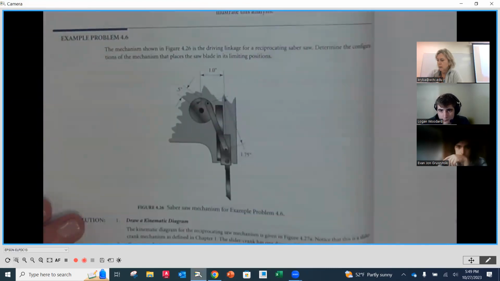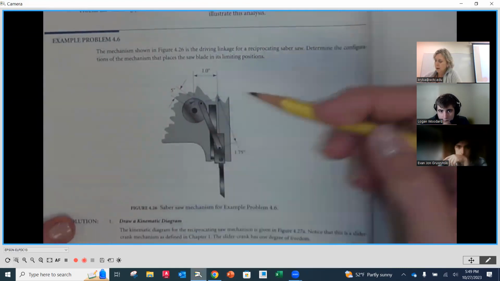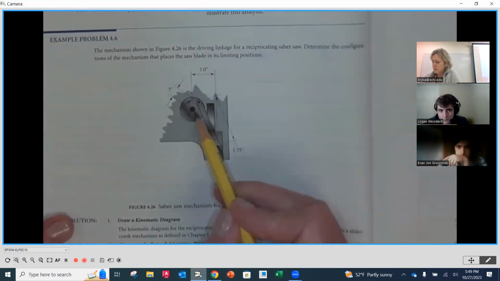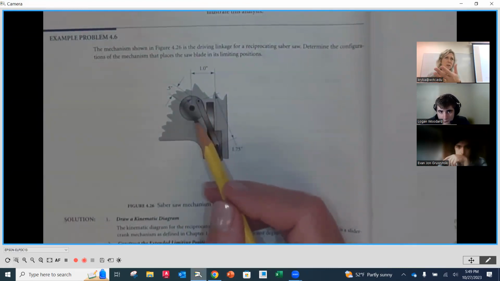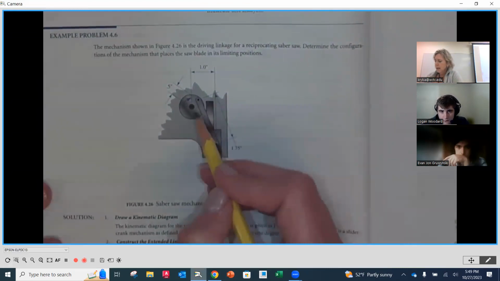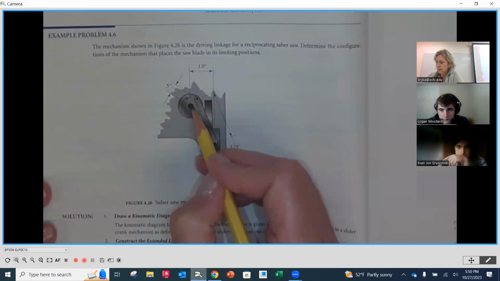So as we look here, using that process and referring back to those equations when needed, here's our reciprocating saber saw. So here's our motor going around. The connecting rod is connected to what I believe to be like a flywheel. I'm not exactly sure if it's used in that sense, but from the center of our motor rotation, we're going to see it as a simple radius to where it connects to that joint on our connecting rod.